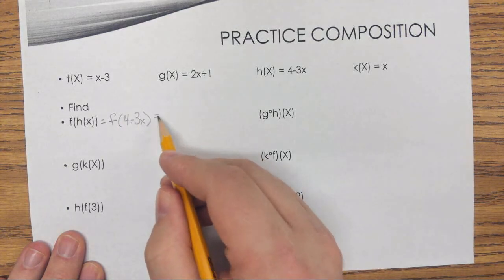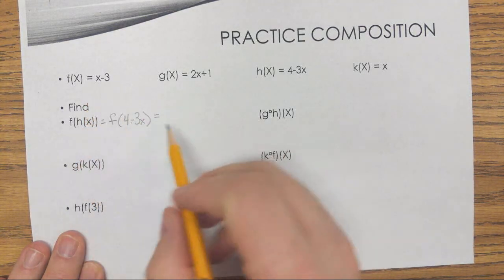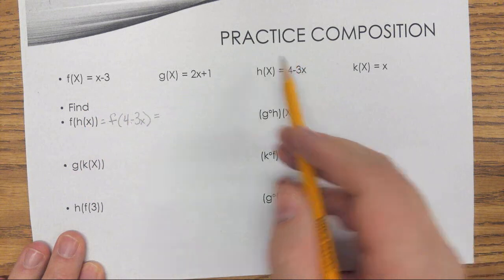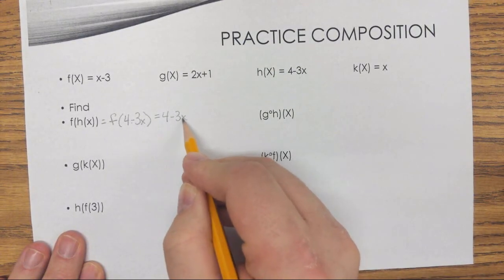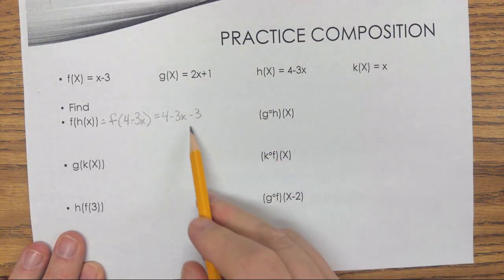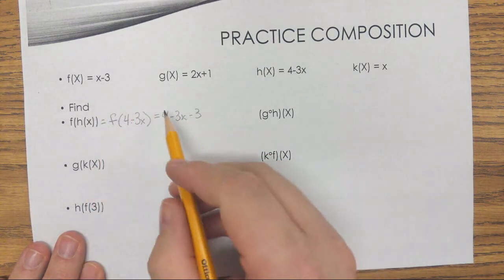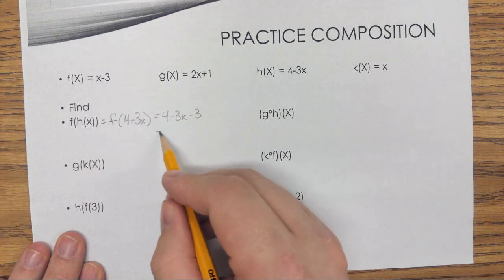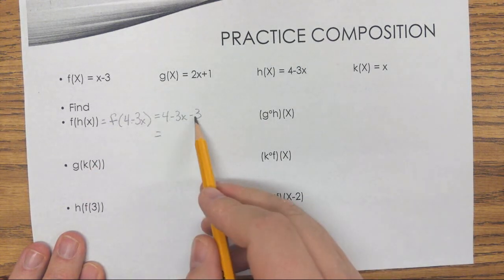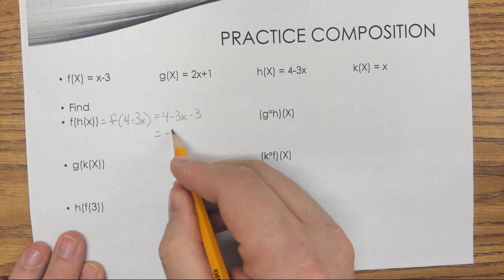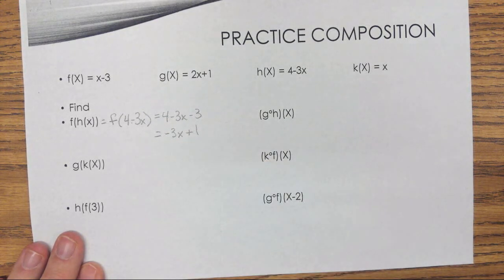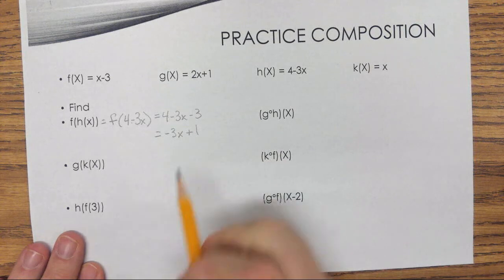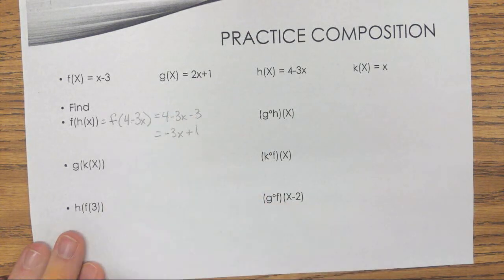Well, then I'm going to do f of x is this x minus 3. Well, where that is, I'm going to put the 4 minus 3x in for the x. So 4 minus 3x minus 3. So this is just in the place of where the x is. Then I'm going to simplify. 4 minus 3. So I get minus 3x plus 1. Okay? Just plugged in the function where the x was. It's as easy as that, and then simplify.